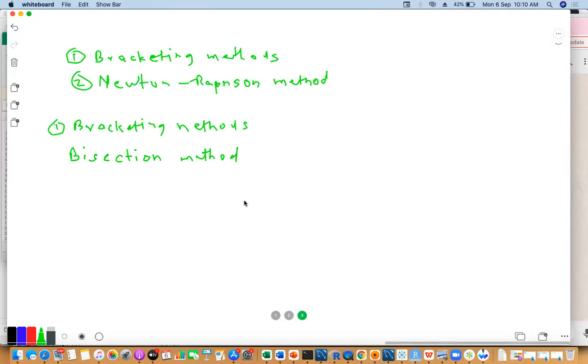So what is this method? Let us consider one function f of x. Let us say y is equal to f of x, any function, on a graph.